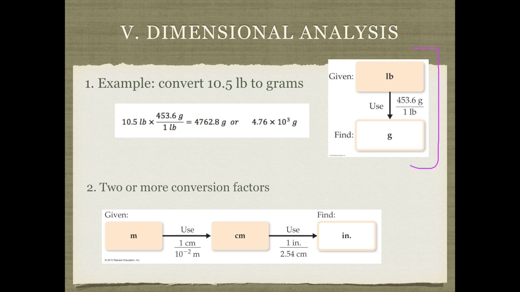It's very simplistic in this first one, but the idea is that you're given pounds, you want to get grams. What do you use? You use this conversion factor right here, and you plug it into this type of calculation, where we have our given value, this conversion factor, and then the answer.